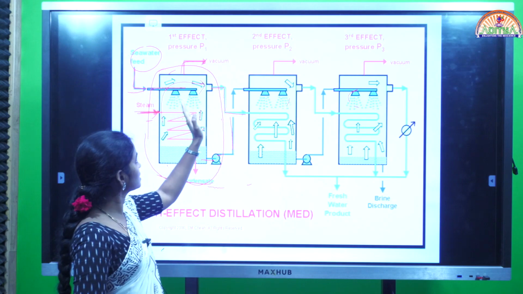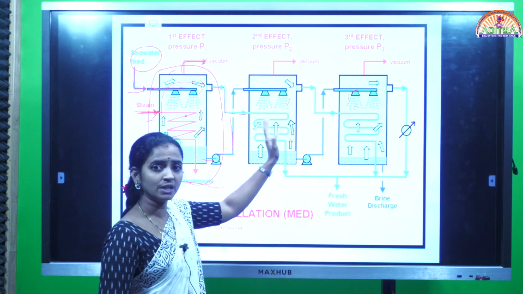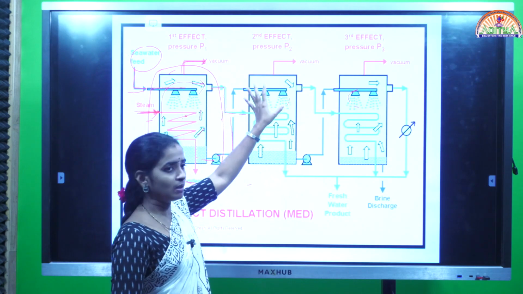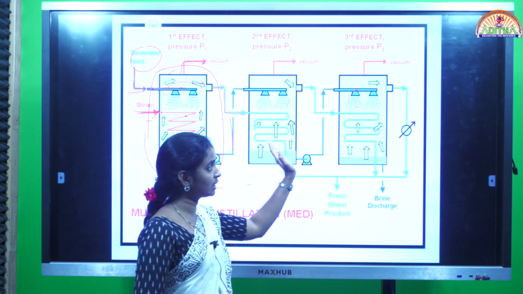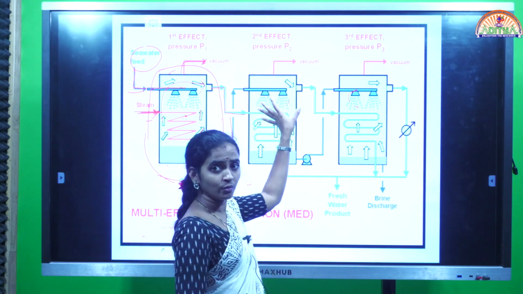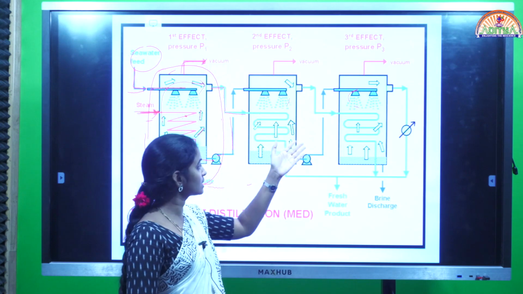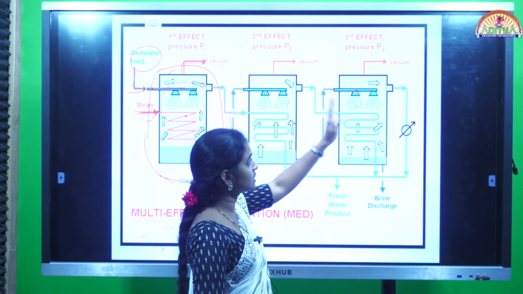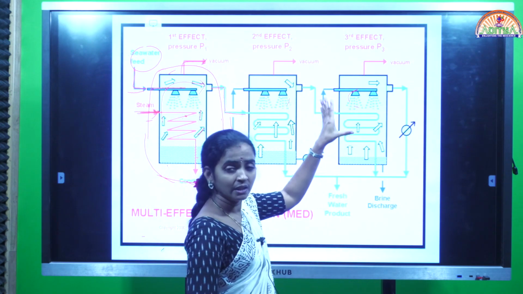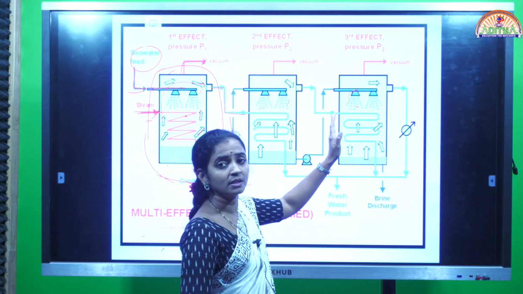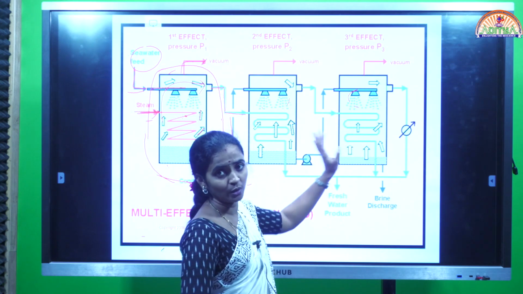This one will generate the steam in the first still. From the first still, the steam will be passed to the second still, the water will be boiled, and from the second still, whatever steam is created will be sent to the third still. Here that steam will create the heat source for the boiling of the water.